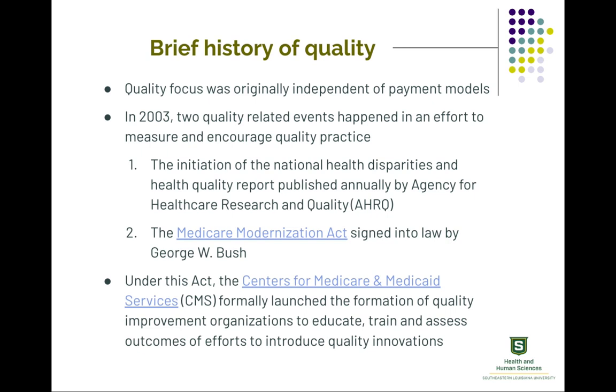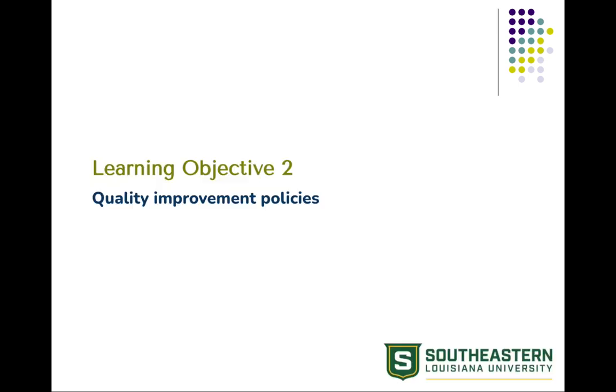Some of the initiatives and organizations that were launched were geared towards educating, training, and assessing outcomes as a way of measuring what's going on with quality. More or less, quality improvements and innovations were something the CMS did following the enactment of the law.